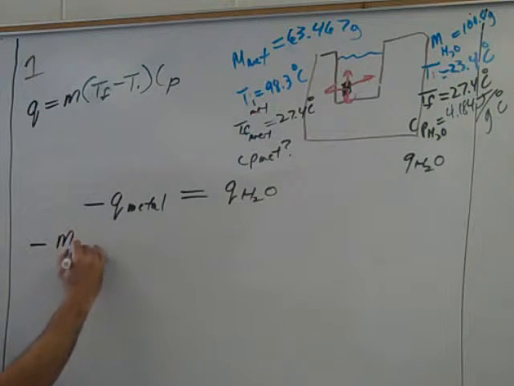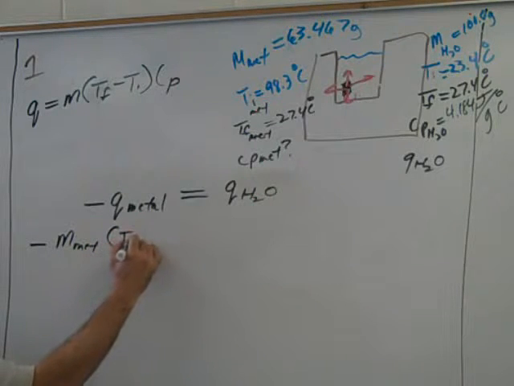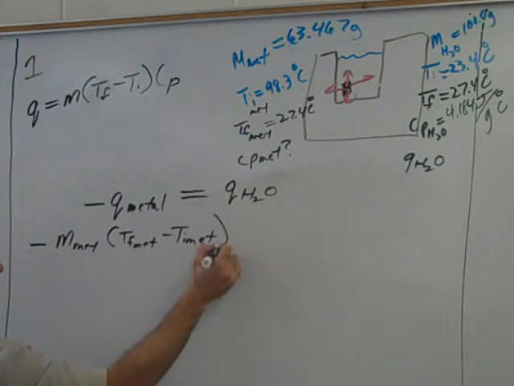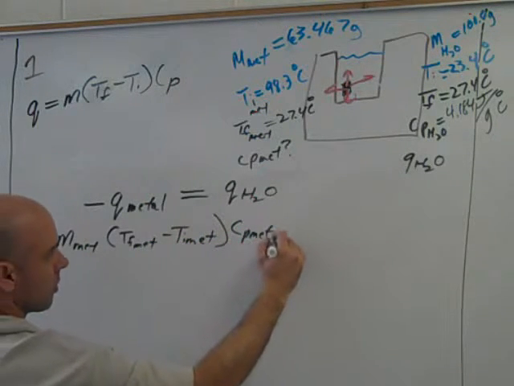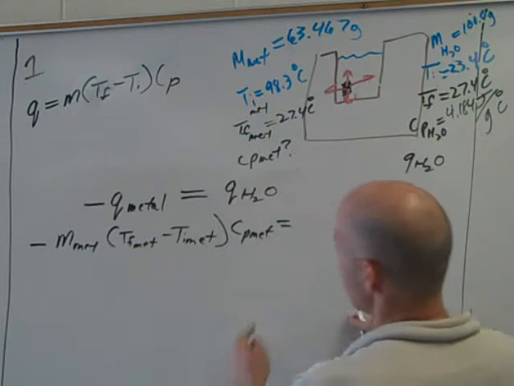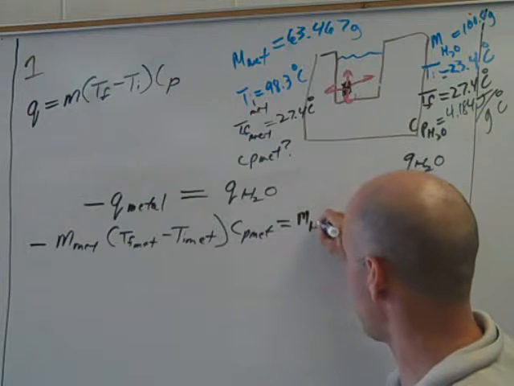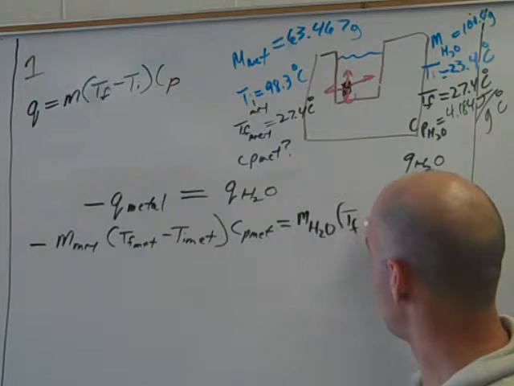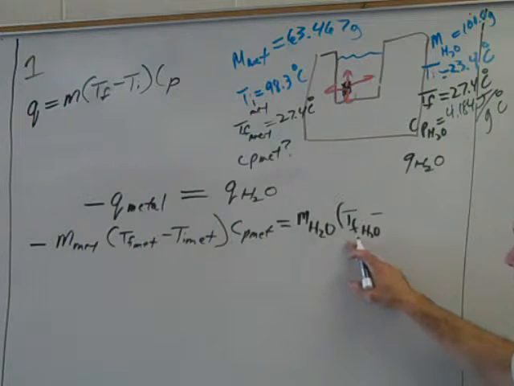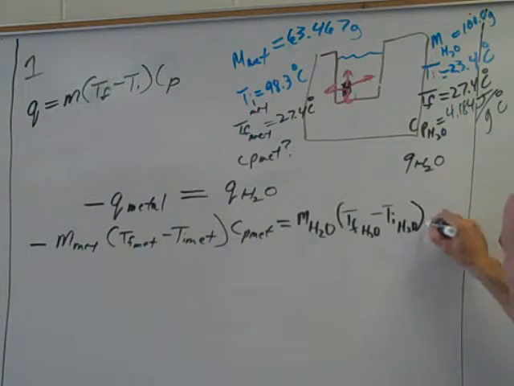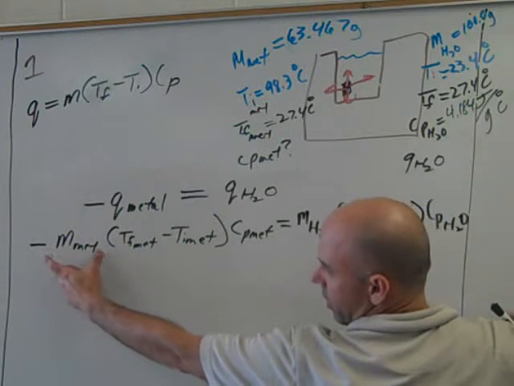Negative mass of metal times the final temperature of the metal minus the initial temperature of the metal times the specific heat of the metal is equal to the mass of the water times the final temperature of the water minus the initial temperature of the water times the specific heat of water. Now that looks like a long equation. That's only because it is.